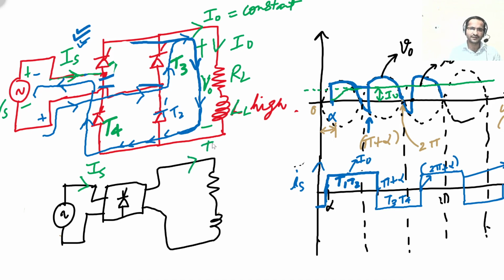Load current is DC, because it is converting AC to DC here, but source current is a square wave.